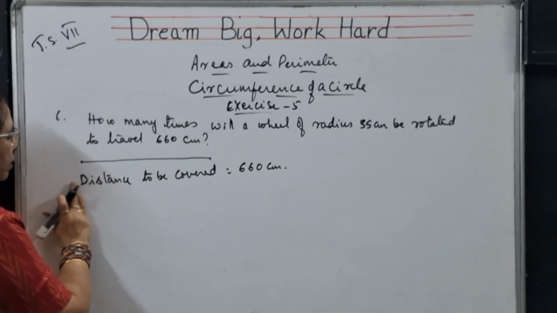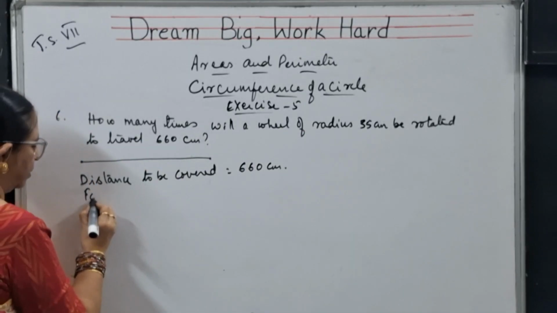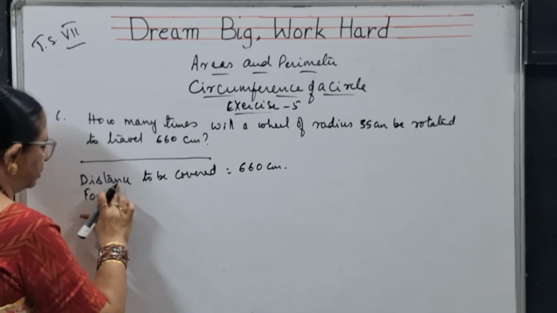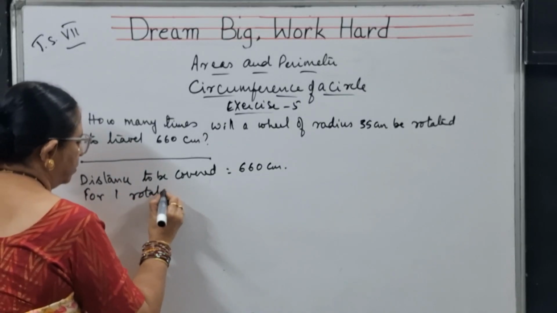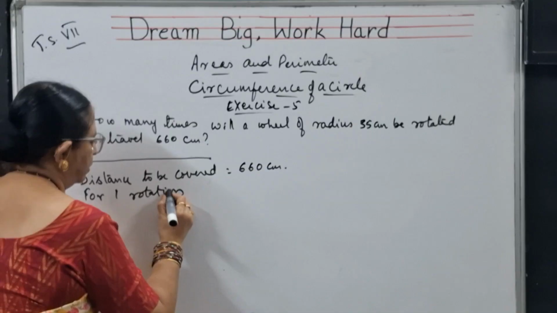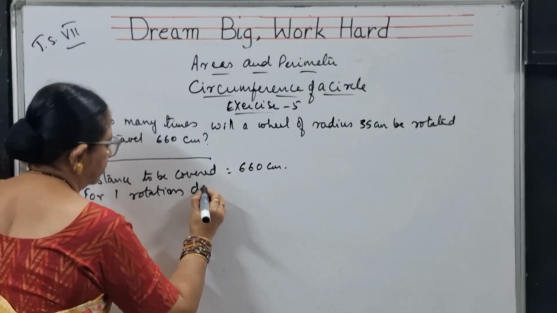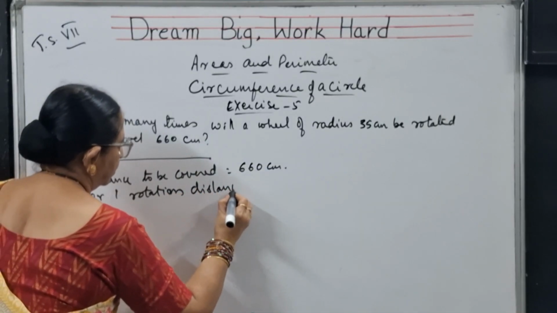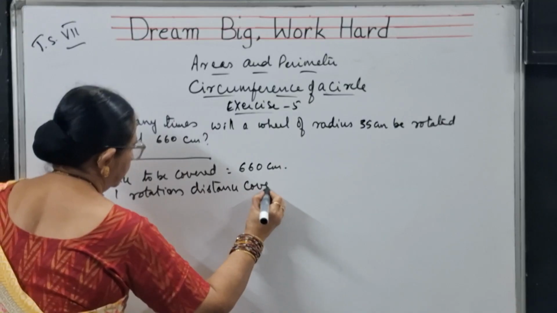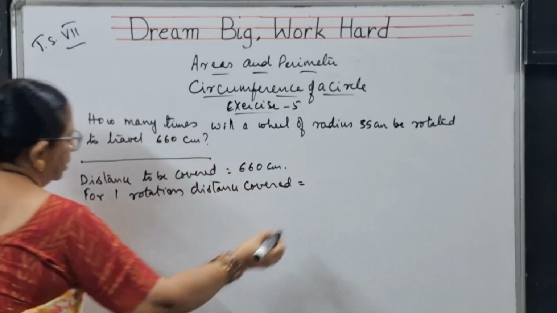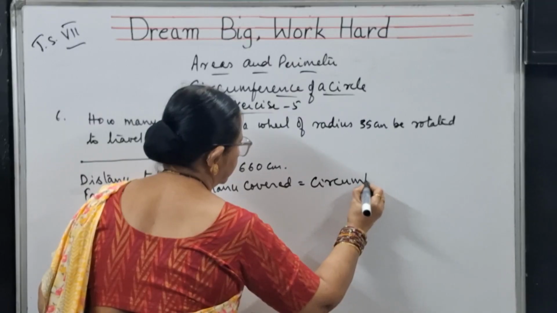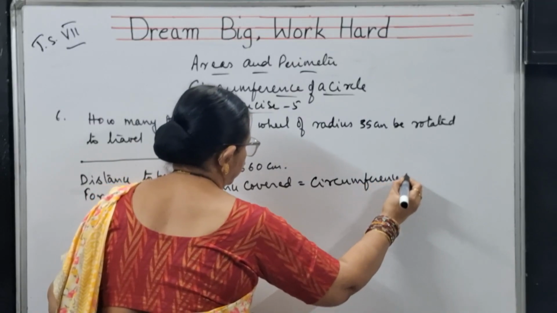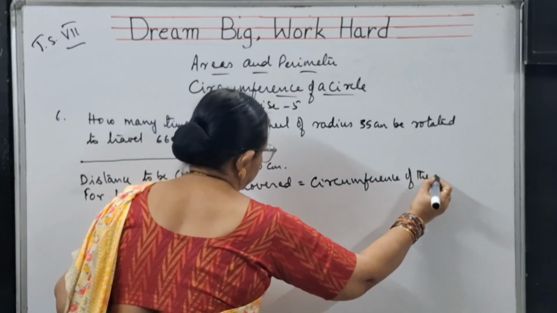So for one rotation, the distance covered is equal to the circumference of the circle.